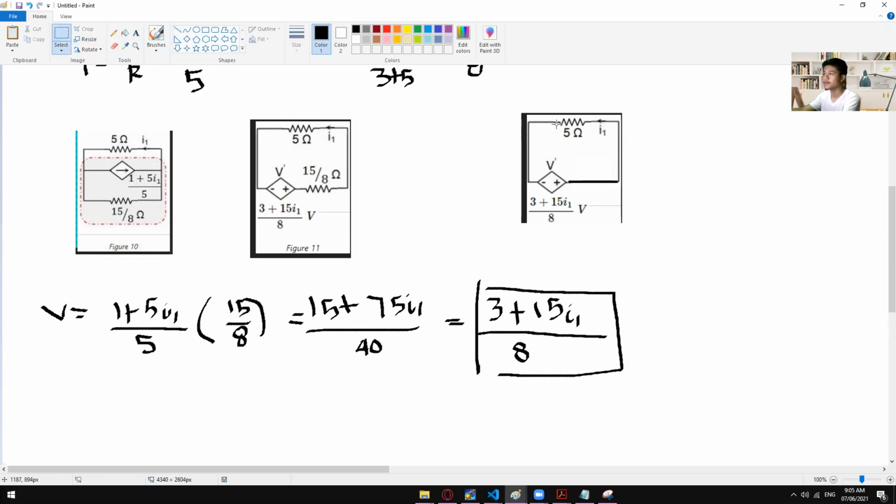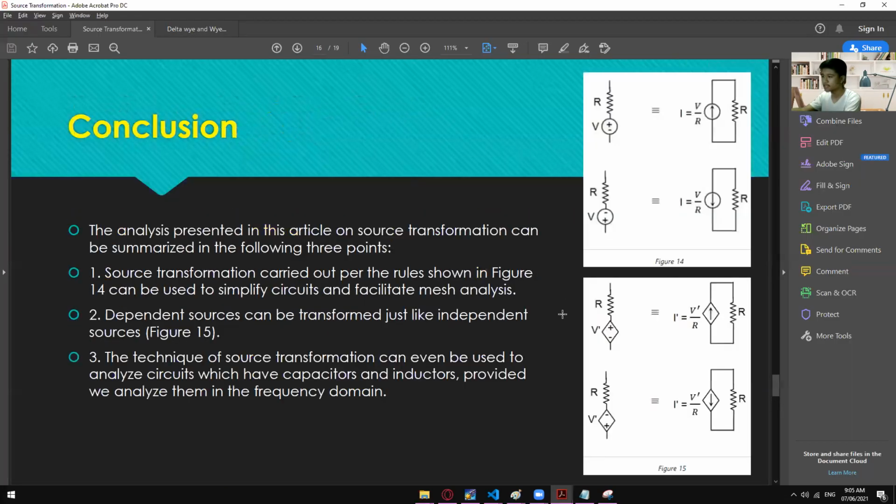And then instead of having 5 ohms, we now have a result of 6.875 ohms. And then from here, you can now identify the current that is flowing on the entire circuit. Okay, let's see what happens next.